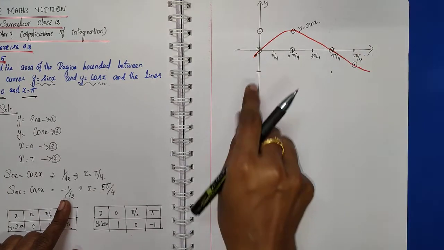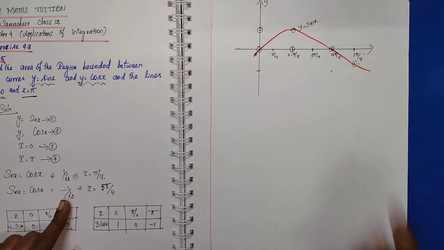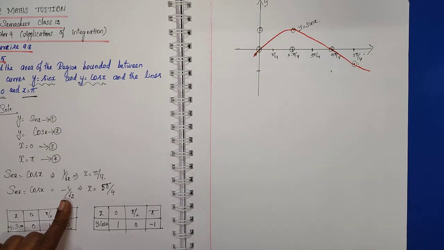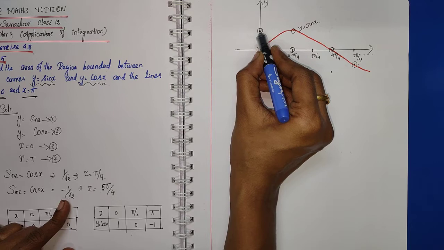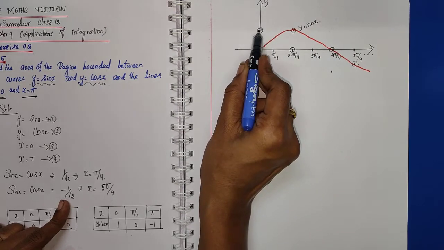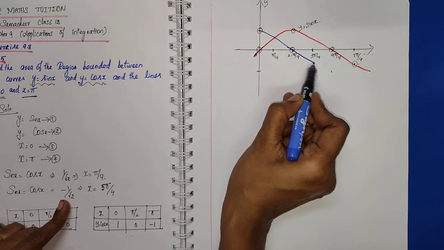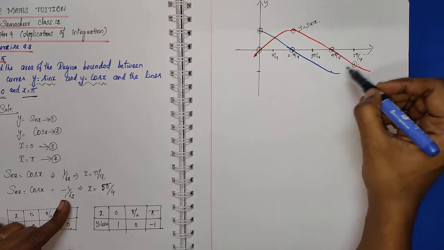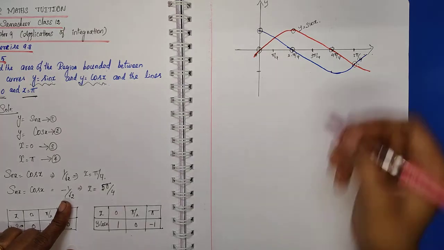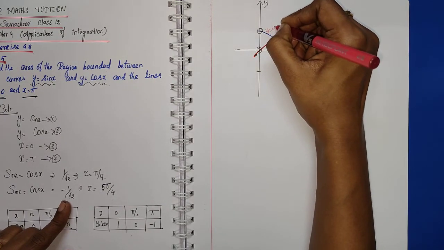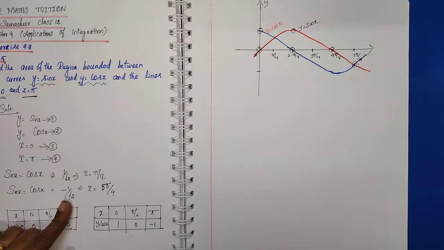So through these points, draw a curve. This curve is cos x, y is equal to cos x.